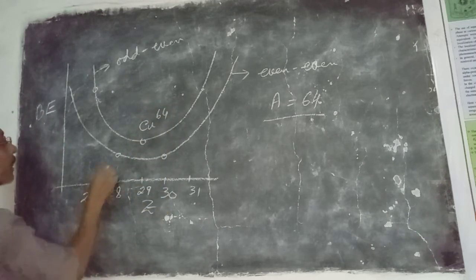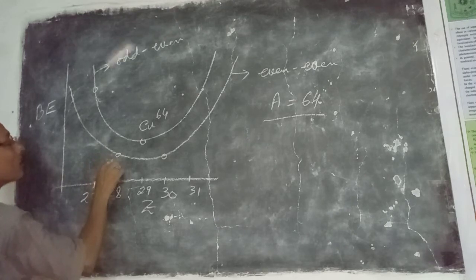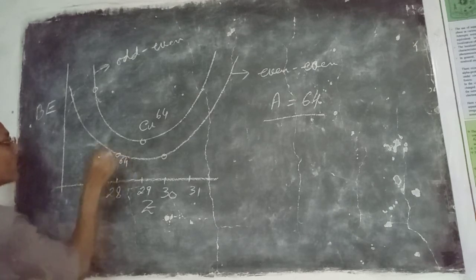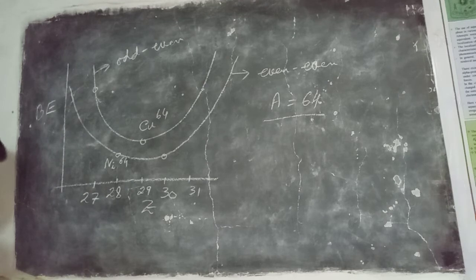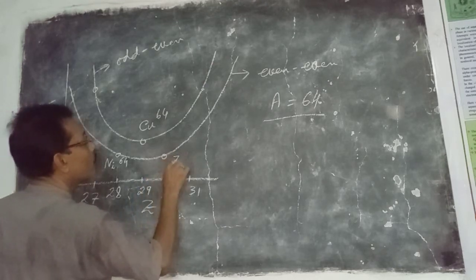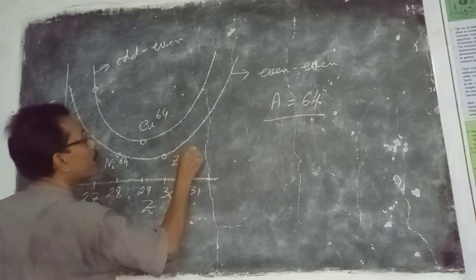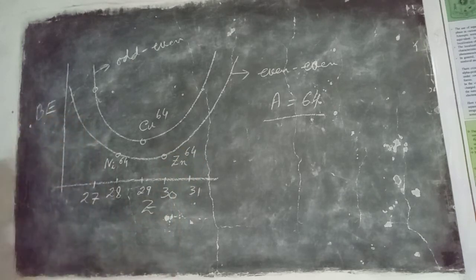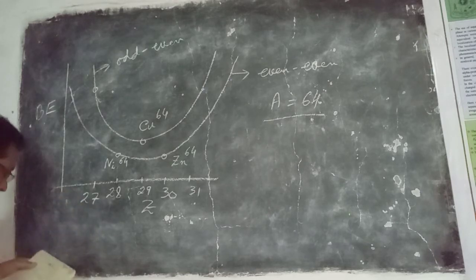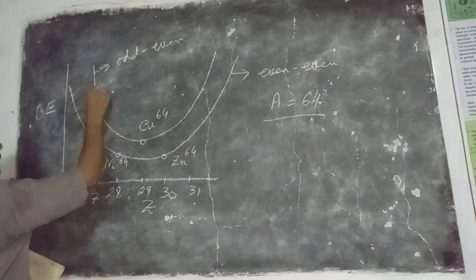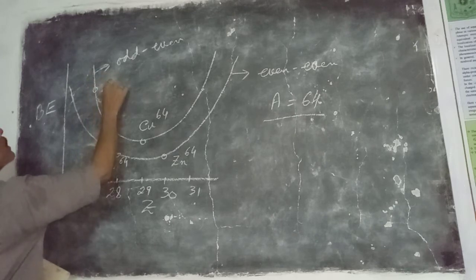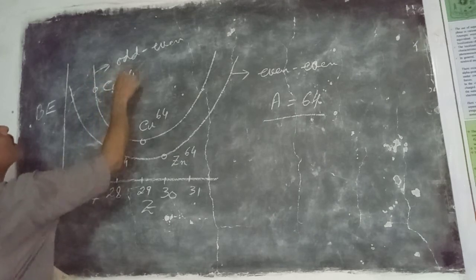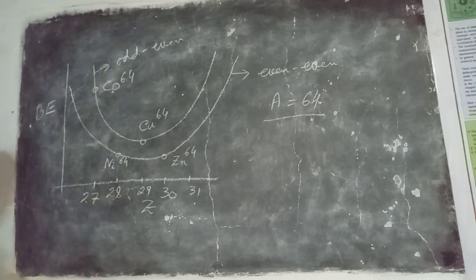Here you get nickel 64. Another here, zinc, Z is equal to 30, zinc. And here you get say cobalt 64.